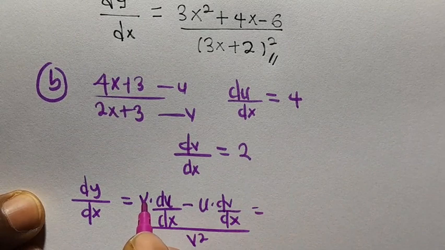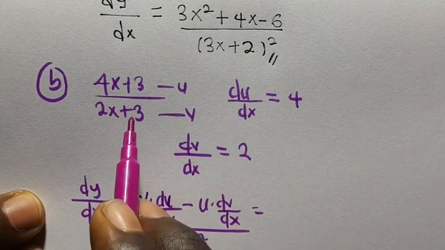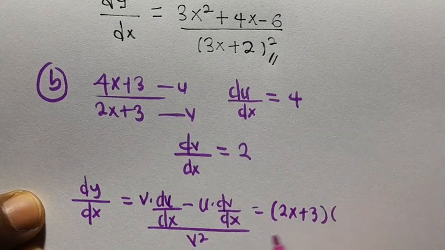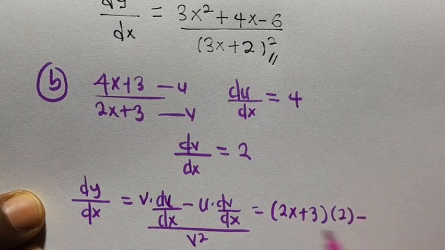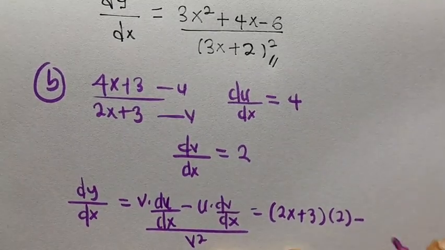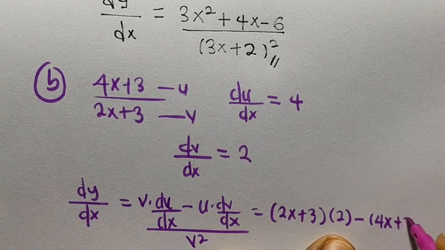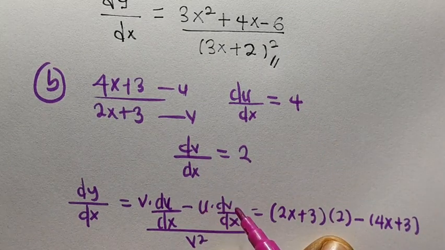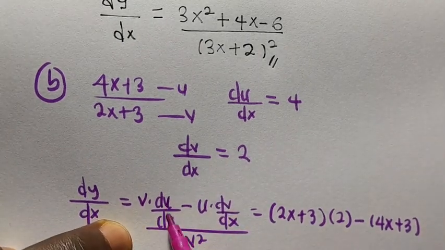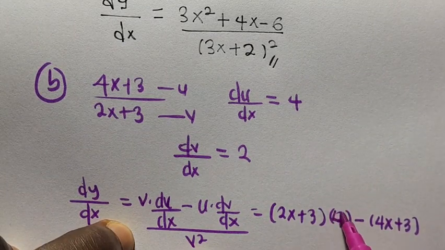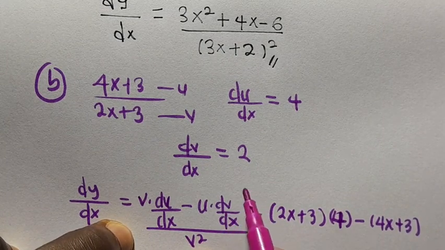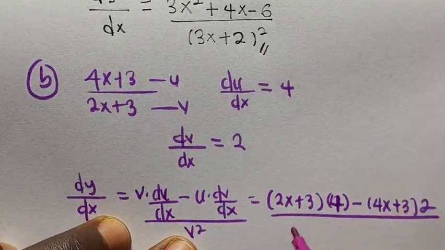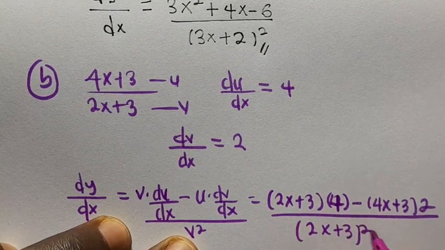So from here, phi equals 2x plus 3, then du/dx is 4, minus u, which is 4x plus 3, then dphi/dx equals 2, all divided by phi squared, which is 2x plus 3 all squared.